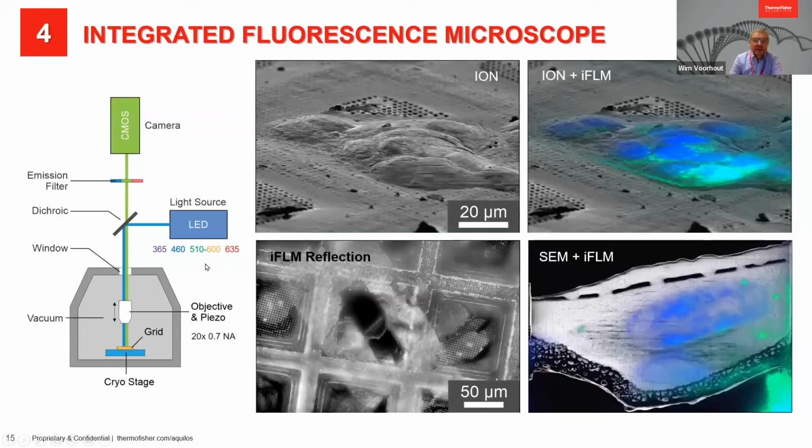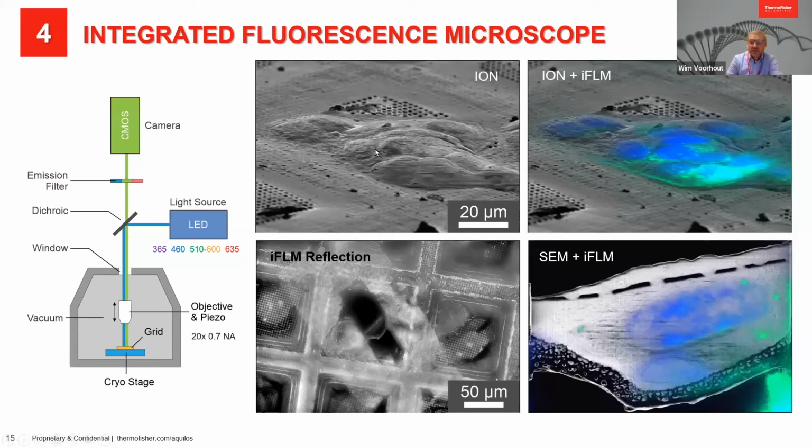Here you see a schematic. We have an LED light source and a CMOS camera. This is all outside of the microscope. Then there's a vacuum window, and in the vacuum, close to the sample stage, we have the objective lens to do the fluorescent imaging.